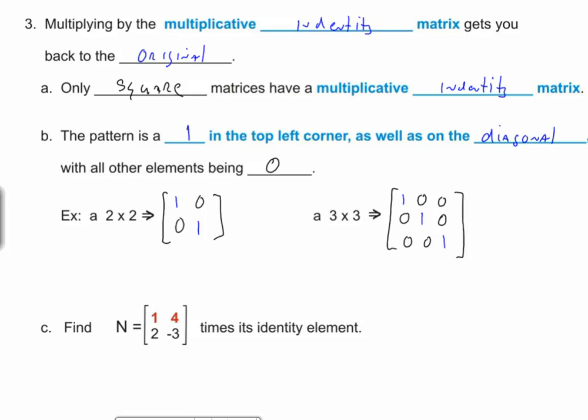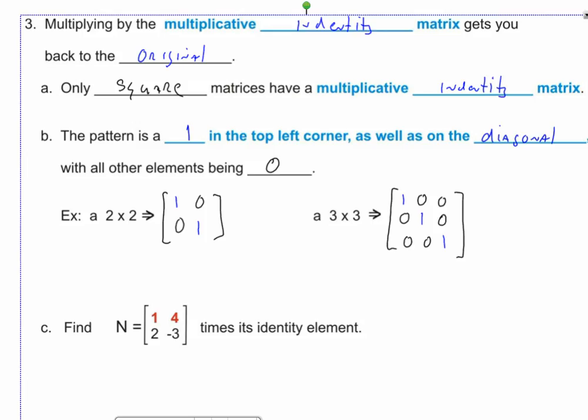If you're writing it out, you do 1, 0, 0, 0, 1, 0, 0, 0, 1. But again, notice the pattern. Top left corner is a 1. Go down the diagonal with 1s. If it had been a 4 by 4, you'd have one more 1 down to the bottom right, and the rest filled in with zeros. You just keep going down that pattern.